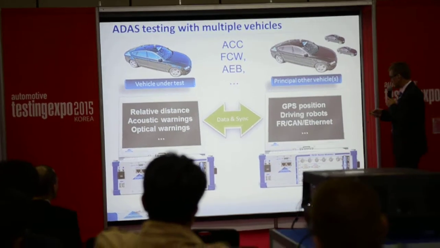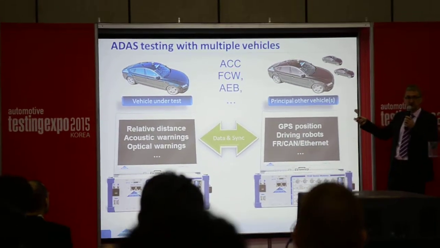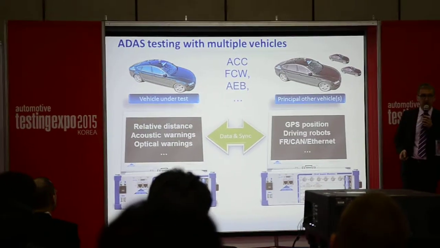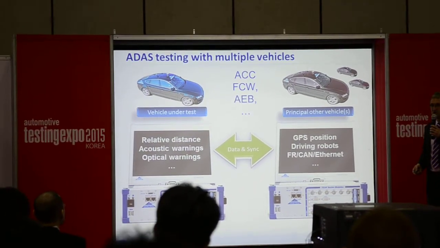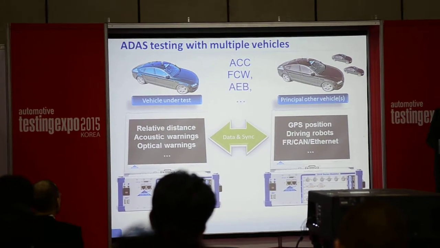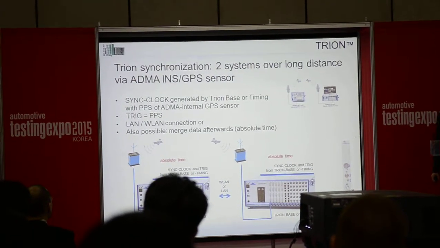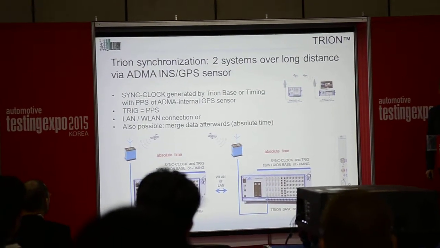What would be an example for that? We could have ACC testing, FCW, AEB, or some pedestrian protection, or let's say a crossroad assist, things like that. So in a multi-measurement system setup, how do we do the sync?